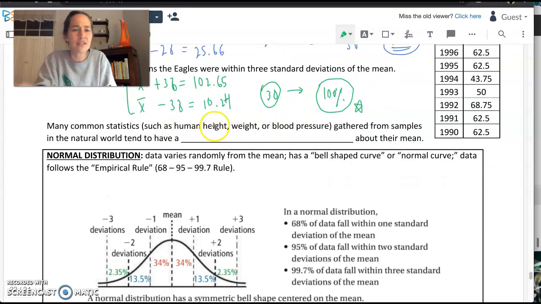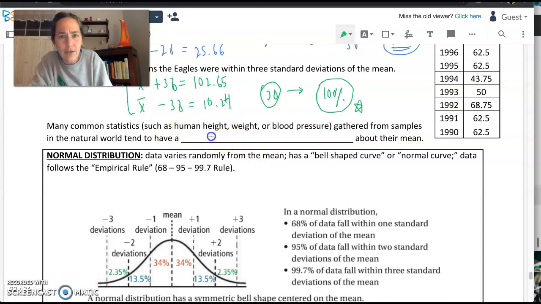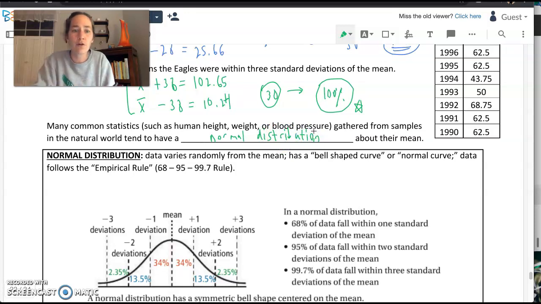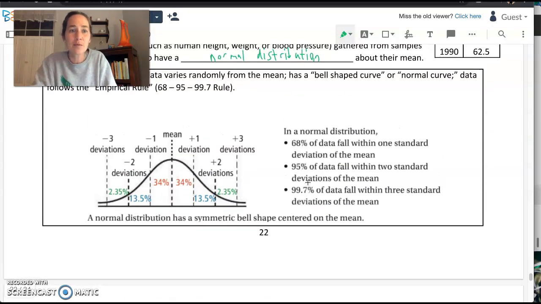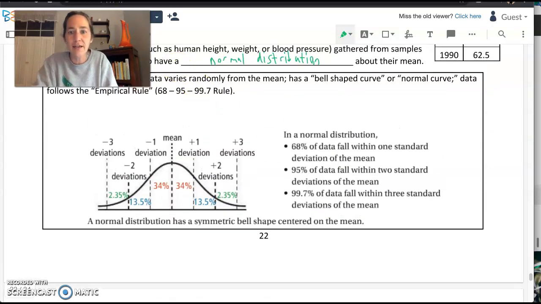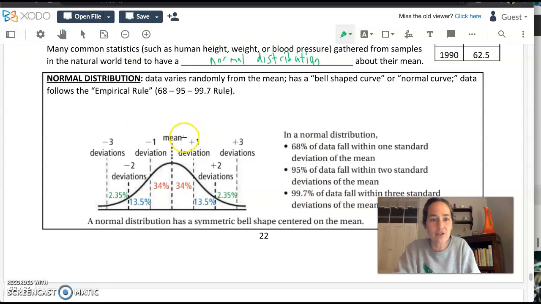Many common statistics, people's height, weight, blood pressure, gathered from samples in the real world have a normal distribution about their mean. And I'm sure that you've heard of a bell-shaped curve before, and we're going to do our best to construct these bell-shaped curves today and talk about how data is distributed normally and what that means for your percentages of data around the mean.